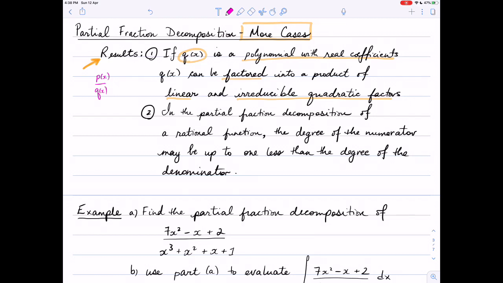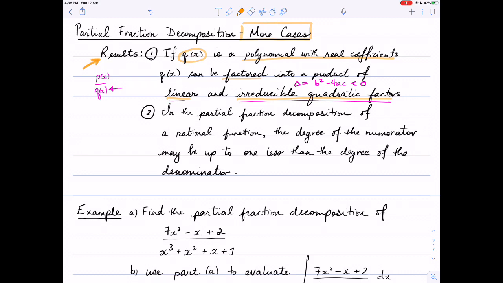And so that denominator, that q of x, can be factored into linear and irreducible quadratic factors. The irreducible quadratic, remember, we said has discriminant delta, which is b squared minus 4ac, which is negative.